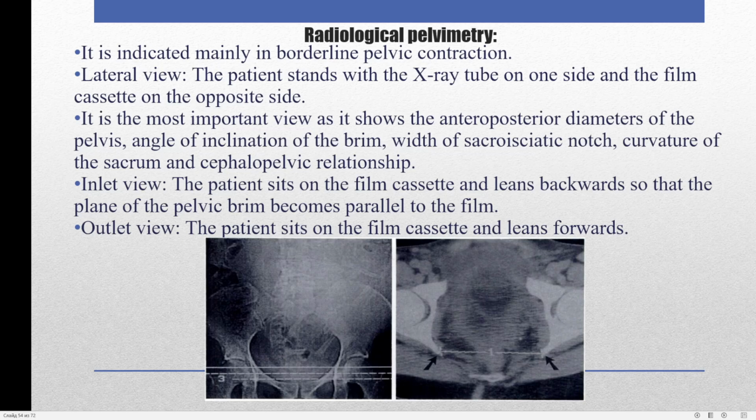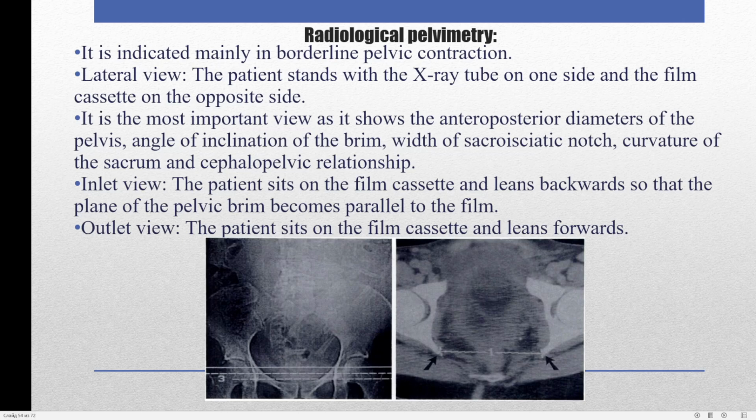Radiological pelvimetry is indicated mainly in borderline pelvic contraction. Lateral view: the patient stands with the X-ray tube on one side and the film cassette on the opposite side. It is the most important view as it shows the anterior posterior diameters of the pelvis, angle of inclination of the brim, width of the sacroischiatic notch, curvature of the sacrum, and cephalopelvic relationship.